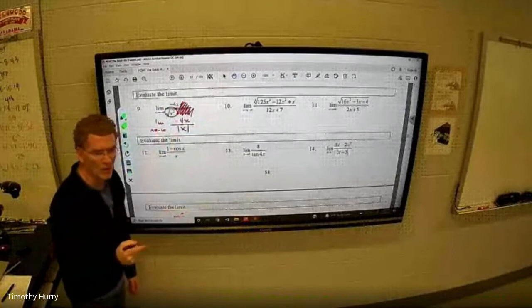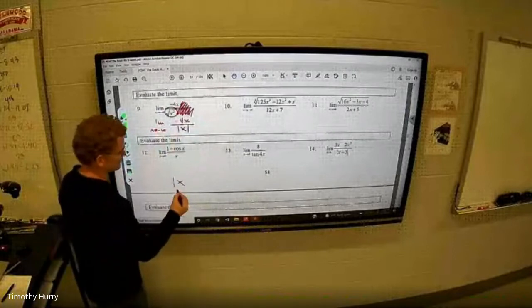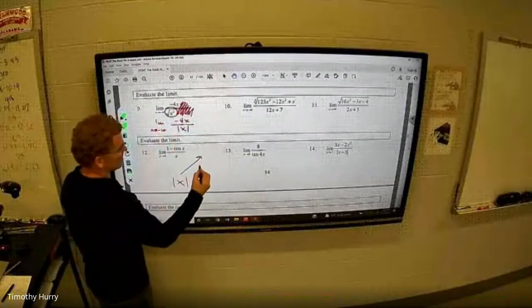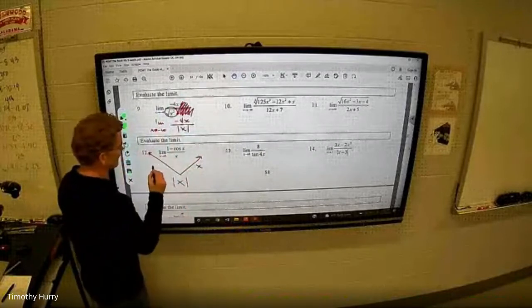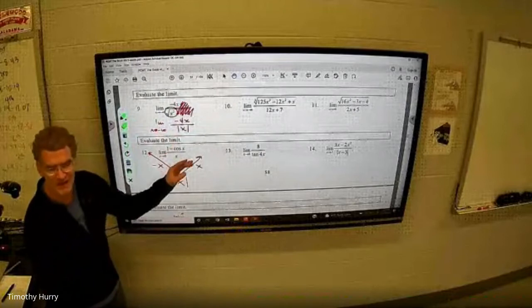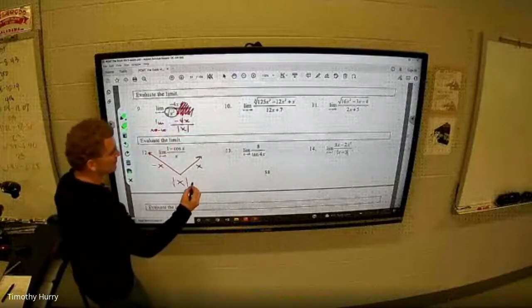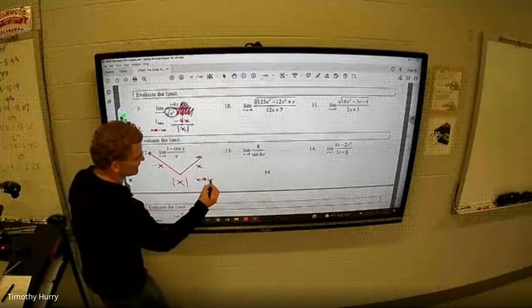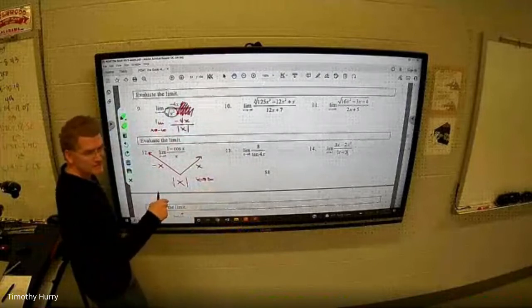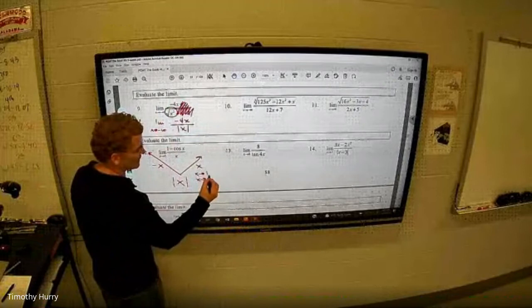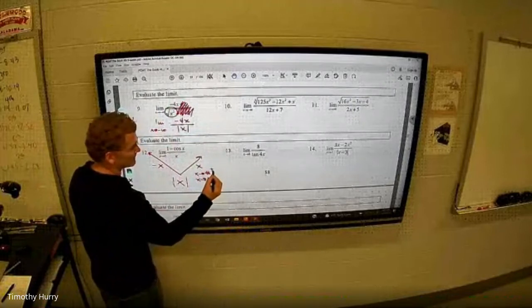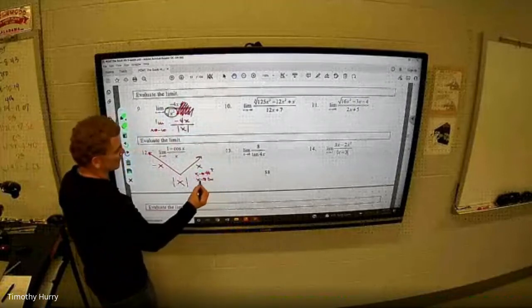But wait a minute, what do I know about absolute value of x? Sometimes it looks like a positive x line. Sometimes it's like a negative x. When is it positive x? What two cases? When I'm heading to infinity, or when I'm approaching a number from the right. In this case, I'm heading to negative infinity.